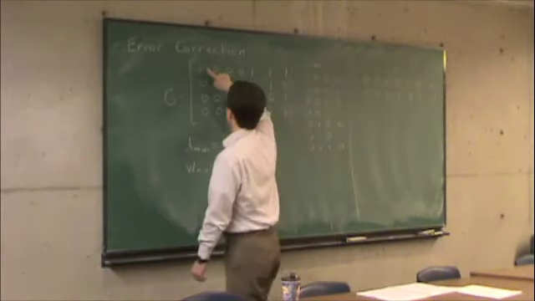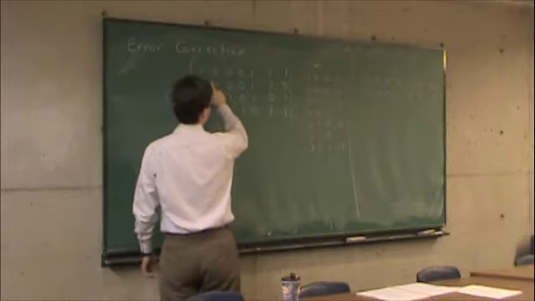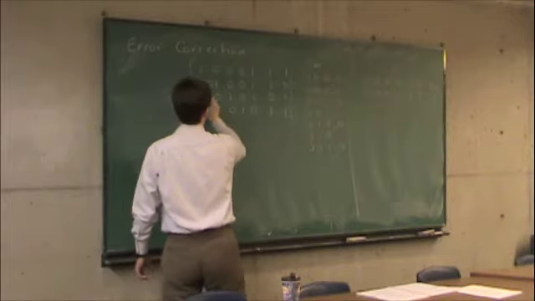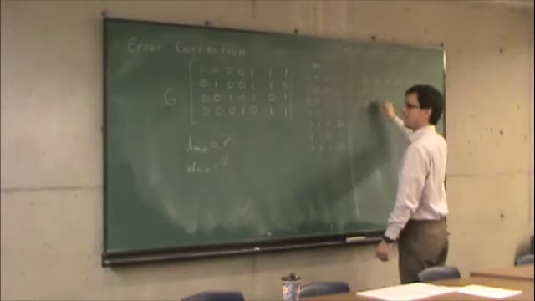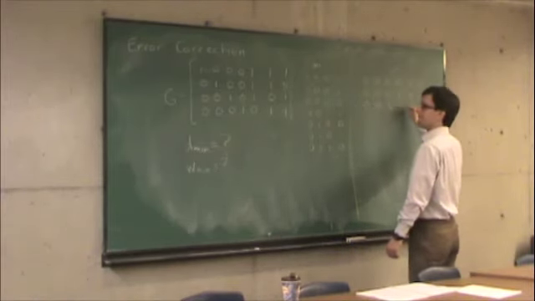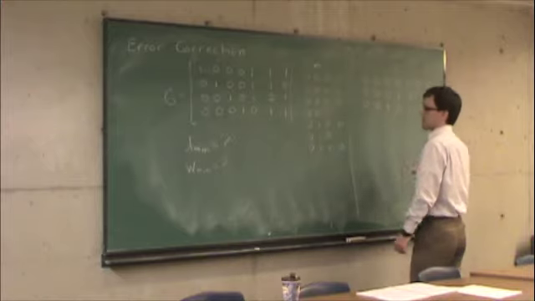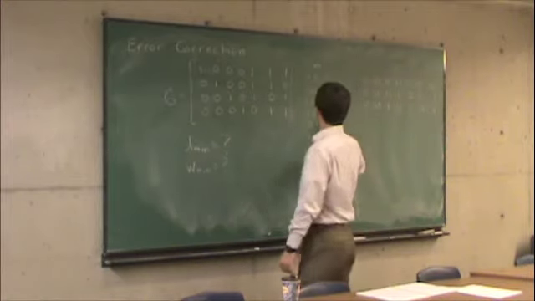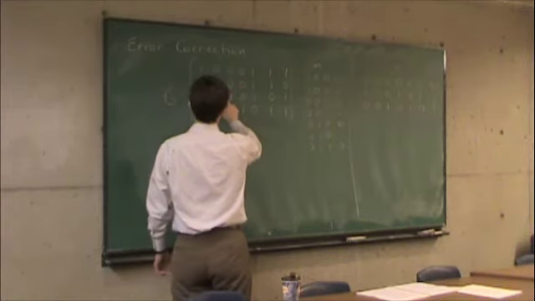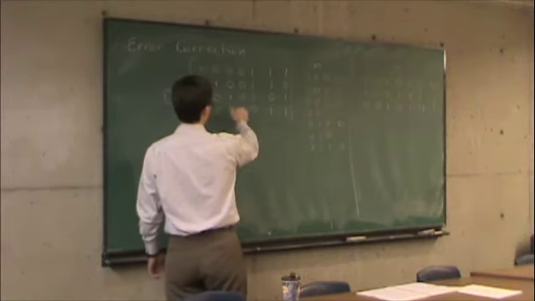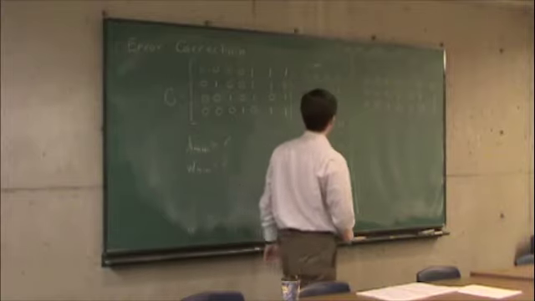Here, this row gets multiplied by 0, this row by 0, this by 1, and this by 0, so this picks off the second last row. Here the last two rows are multiplied by 1, so it's the mod 2 sum of the bottom two rows.